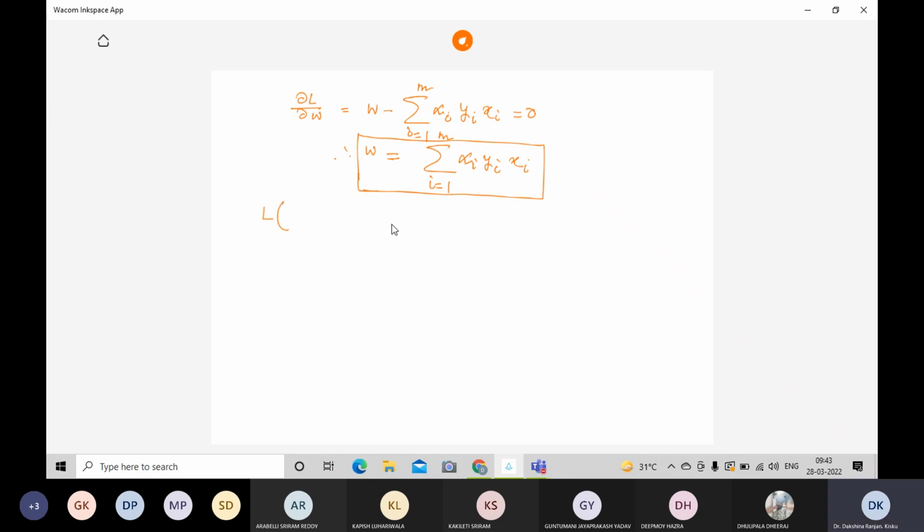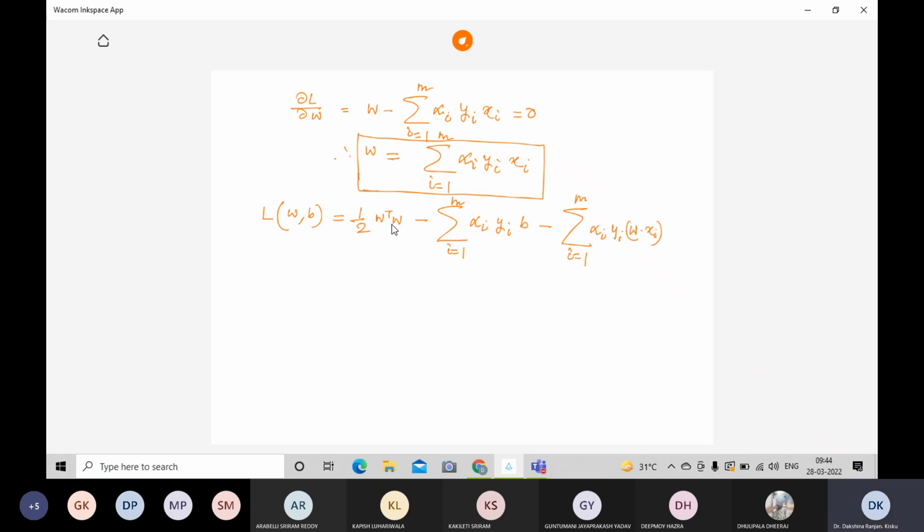Now if you can remember the Lagrangian equation, where we obtain this expanded form, okay, we obtain this expanded form: summation over alpha i yi b, this is the bias, minus alpha i yi w xi.